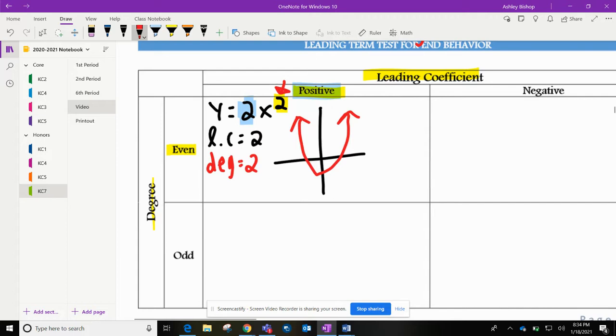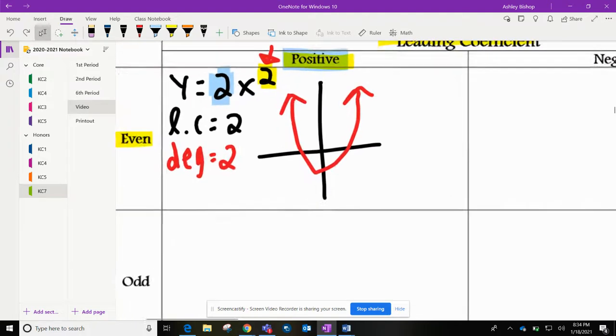So this is true every time I have an equation that has an even degree and a positive leading coefficient, the graph will look something like this with both ends sticking up like that, okay? When we have that, we describe the end behavior exactly like this. This is going to be what the end behavior is.